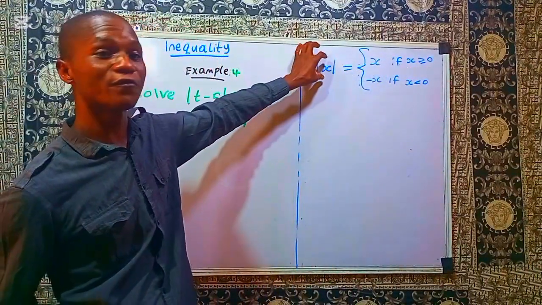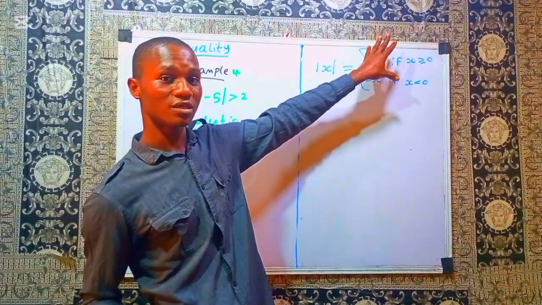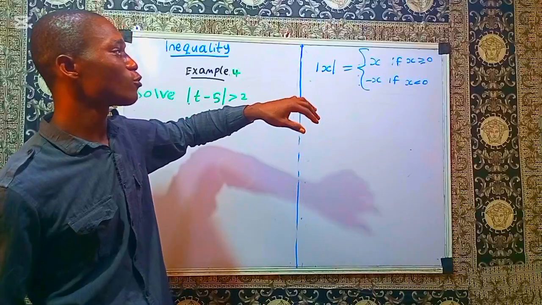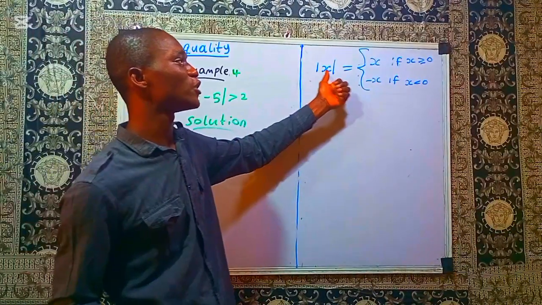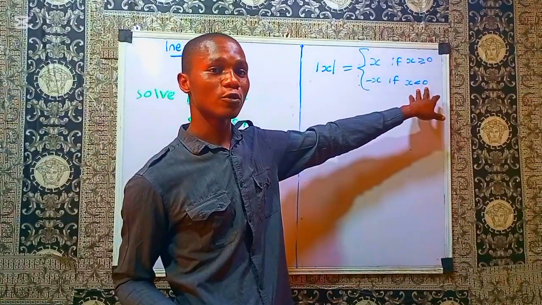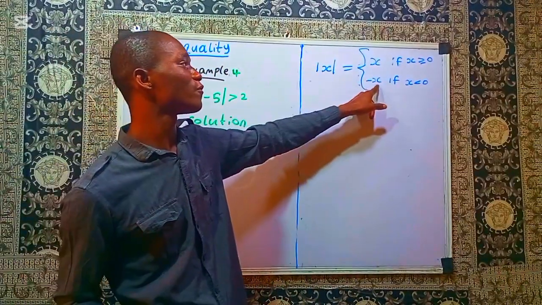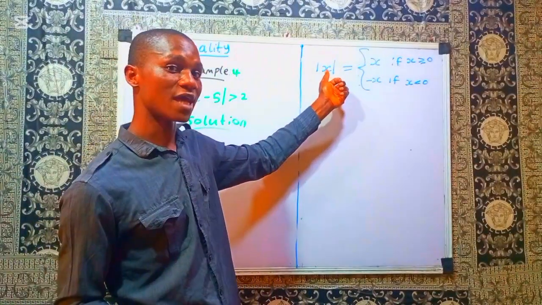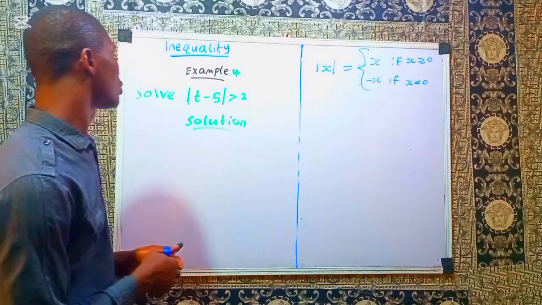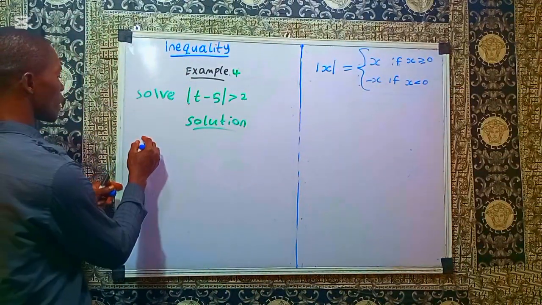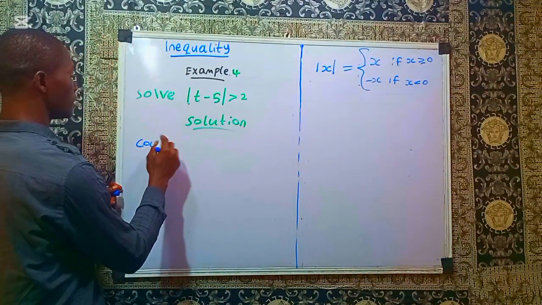Then the absolute value of it is the same thing as that quantity. The second case is a situation whereby what you have inside the absolute value is less than 0. Then the absolute value of that quantity will be minus of whatever you have inside the absolute value. So we are going to consider case 1.